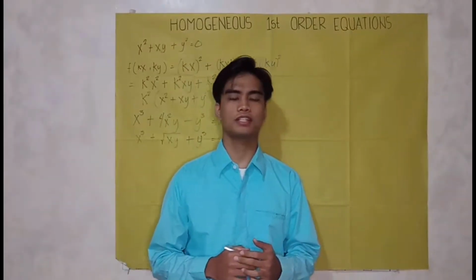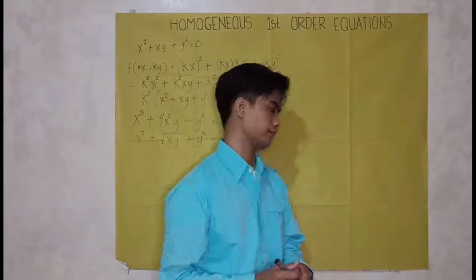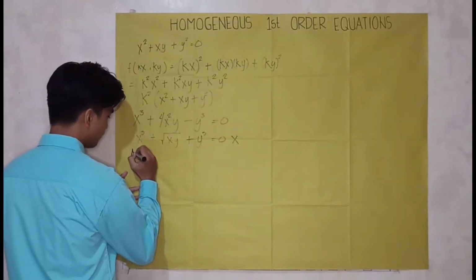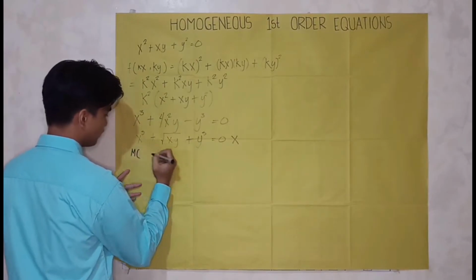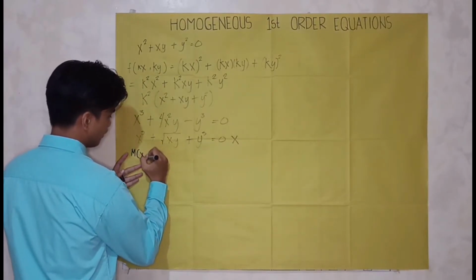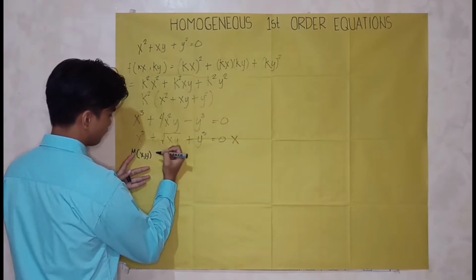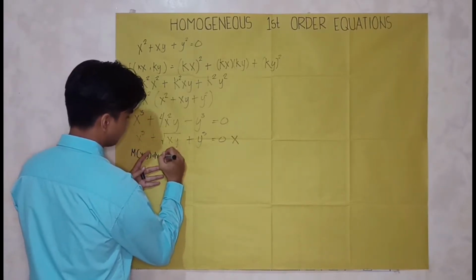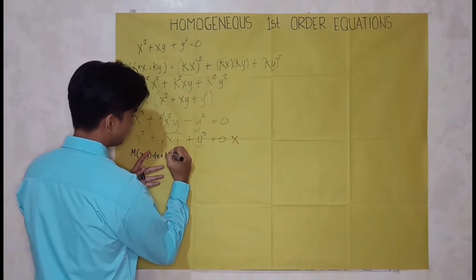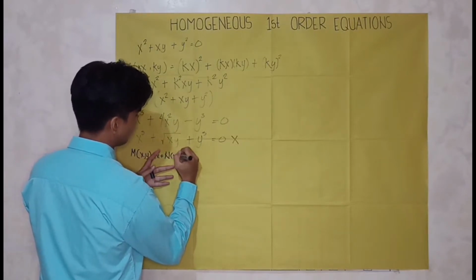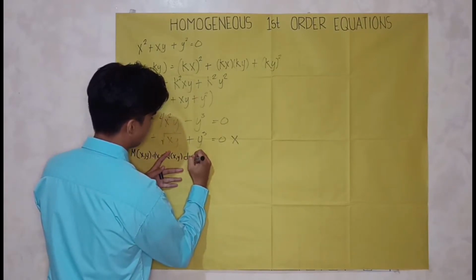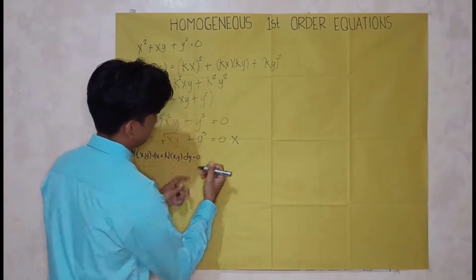Homogeneous differential equation can also be written as m quantity xy dx plus n quantity xy dy equals to 0.